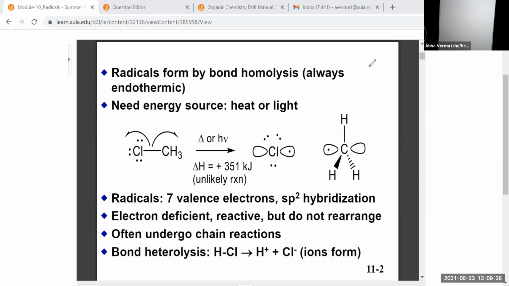So these radicals definitely need heat or light. Whenever you see this delta sign, it indicates heat, and h nu indicates light energy, where nu is the frequency of the wave that we're talking about. These two should be your clue that a radical is going to form in a chemical reaction.